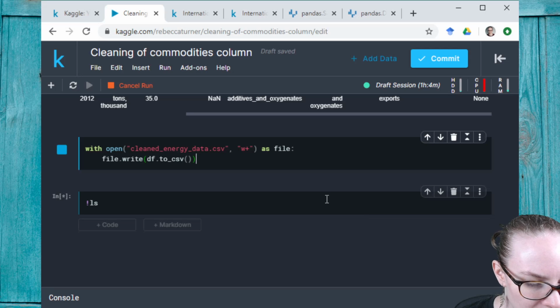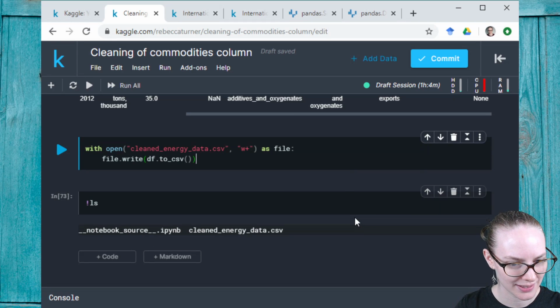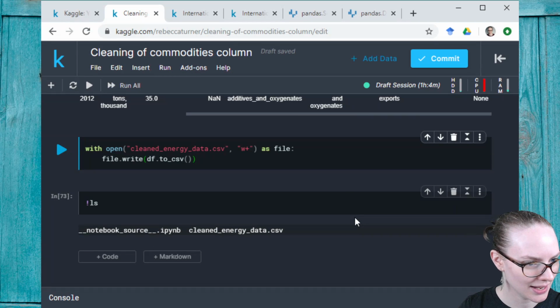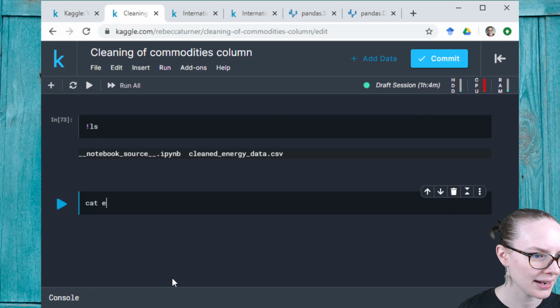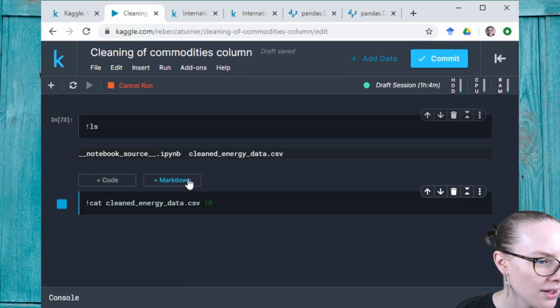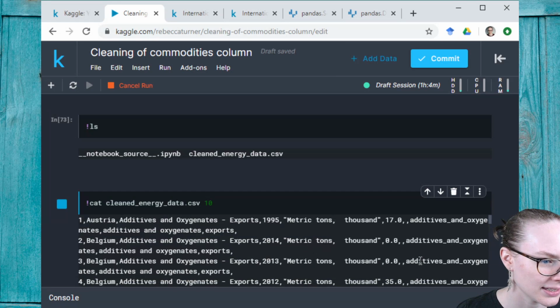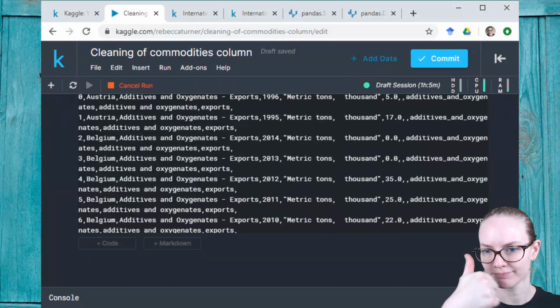All right. Excellent. And then if we do cat cleaned energy, nope, sorry, this is a bash command. Cat cleaned energy data and just give us first 10, we should have, yeah, excellent. We've got our data frame out. Looks good.